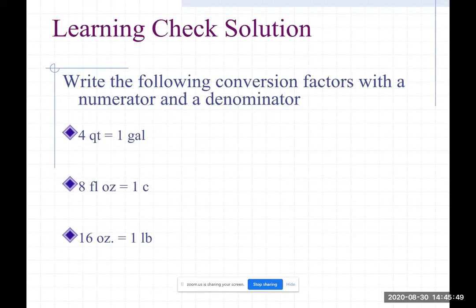Let's look at some conversion factors and see if we can write those conversion factors so that they're useful for us regardless of which direction we want to go for cross-canceling. So we could write 4 quarts per 1 gallon this way, but if we wanted to go another direction to cross-cancel, we could write 1 gallon for 4 quarts this way.